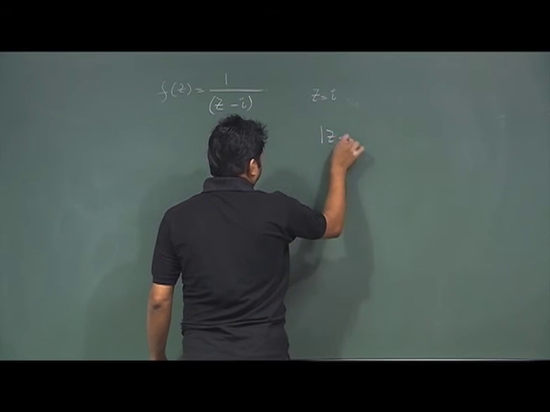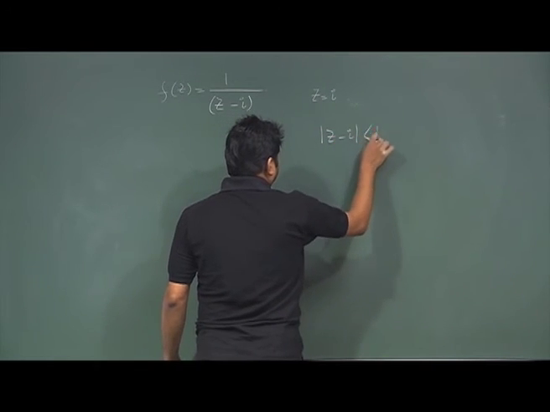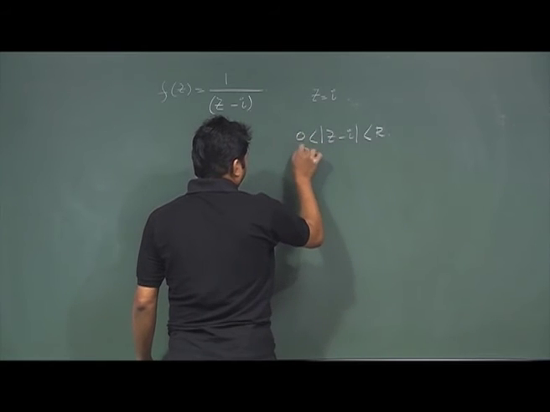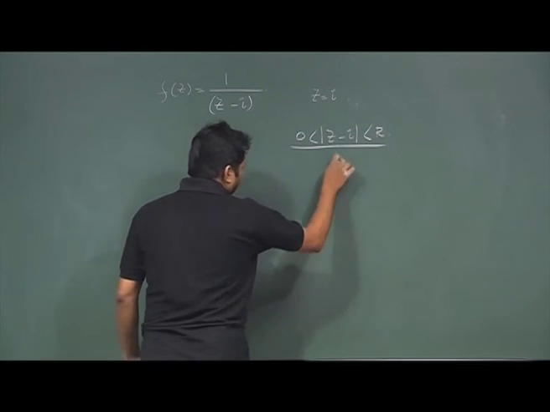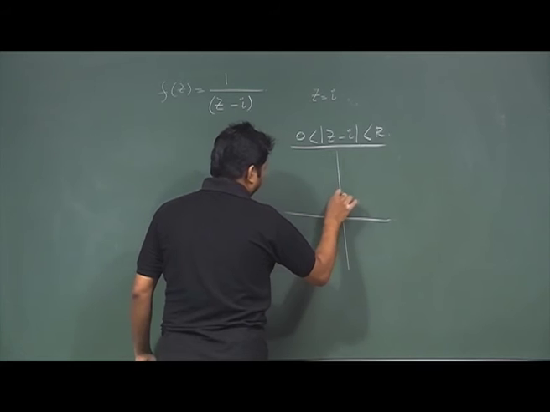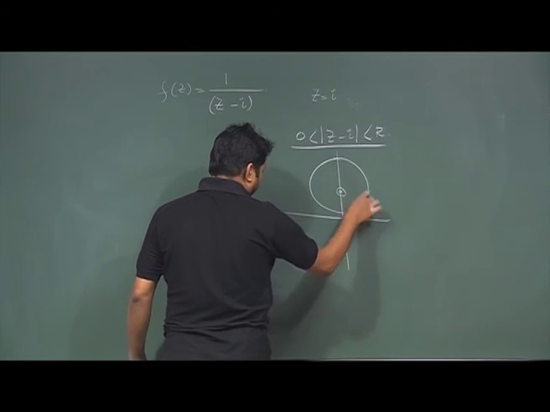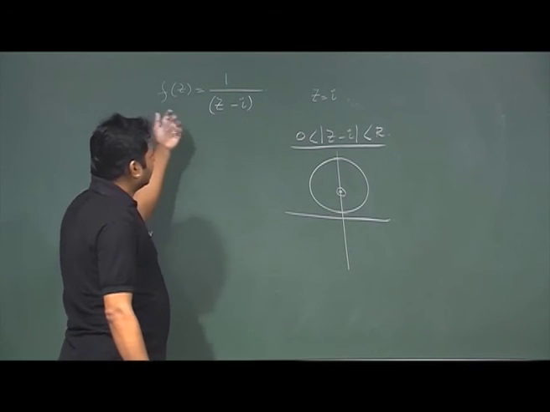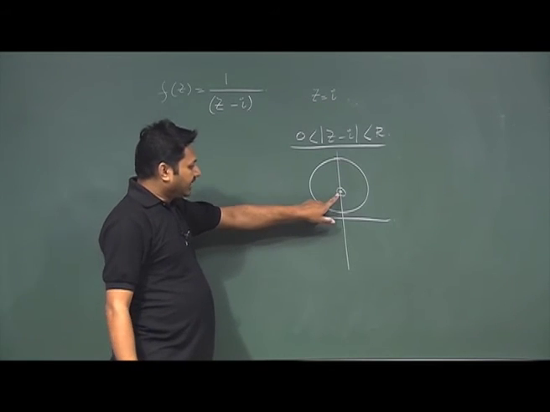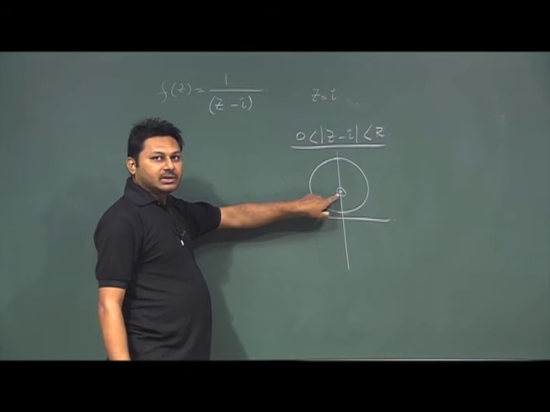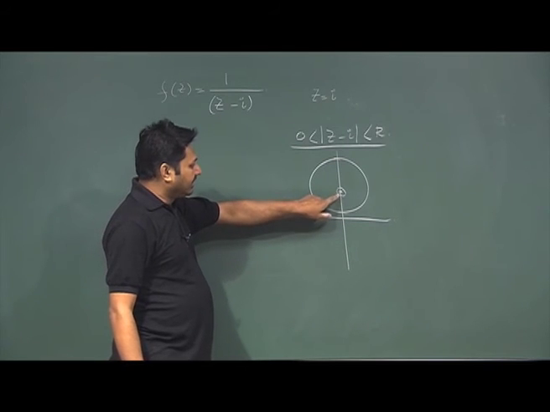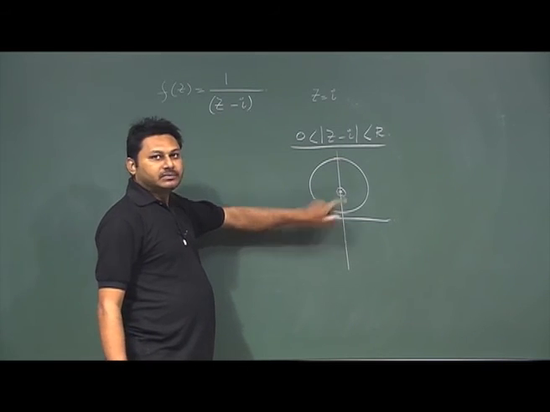So, 0 less than mod of z minus i less than some r, if I take 0 outside, I cut this point and take some neighborhood, I find this function is still analytic except at that point, here z equal to i. So, that means this point is a singular point.